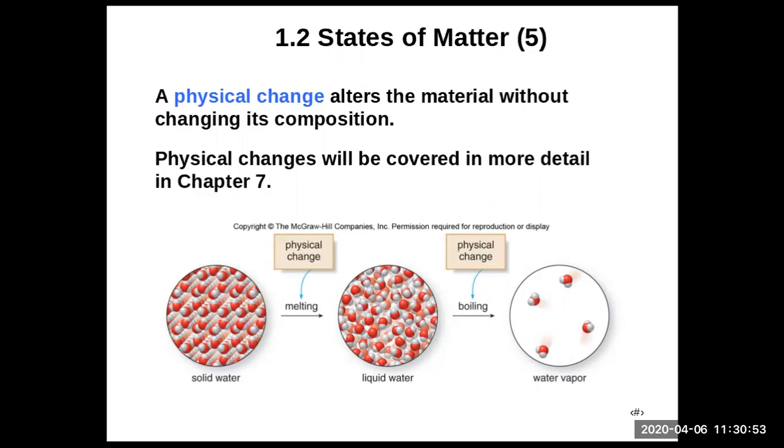You could argue the same with boiling. When you are changing liquid water into water vapor, it's still water before and after. It's only the state of matter that has changed. You go from a liquid phase to a vapor phase. So boiling is a physical change. Physical change will be covered in more detail in chapter 7.